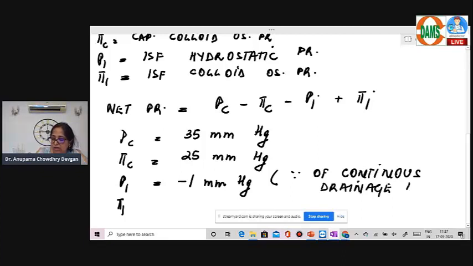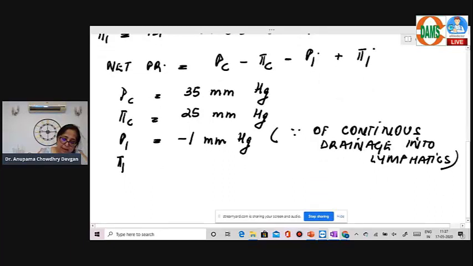Pi I is 0. Why is pi I 0? Because there are no proteins in the interstitium. So normally pi I is 0.